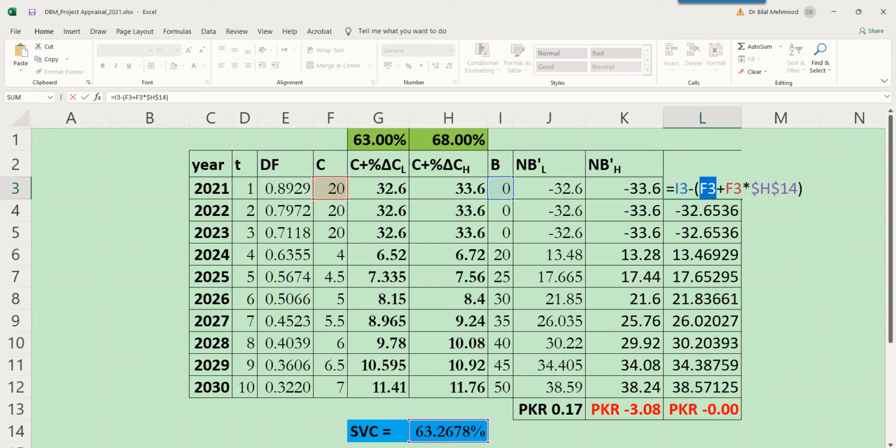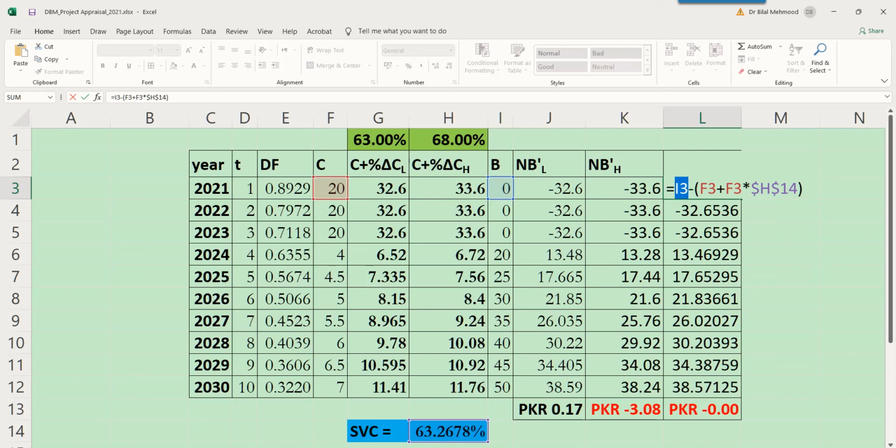So this is the original level of cost, this is the increased value of costs equal to the switching value of costs. So this is the new level of costs after increasing it to the switching value level, and this is the benefits column.